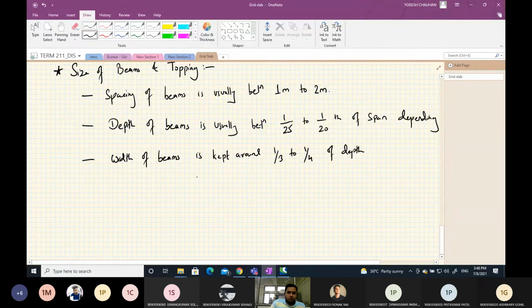Okay, so these are the thumb rules which are followed in practice to dimension the beams of the grid floor.